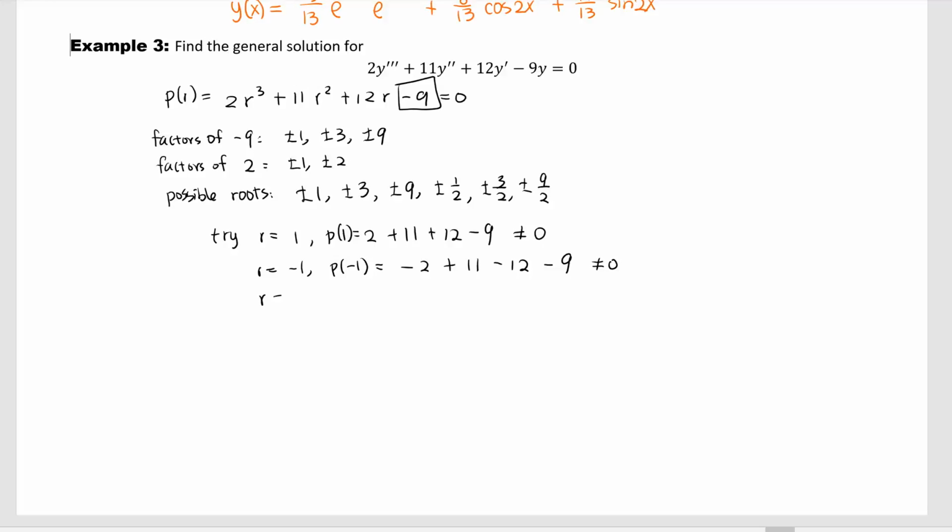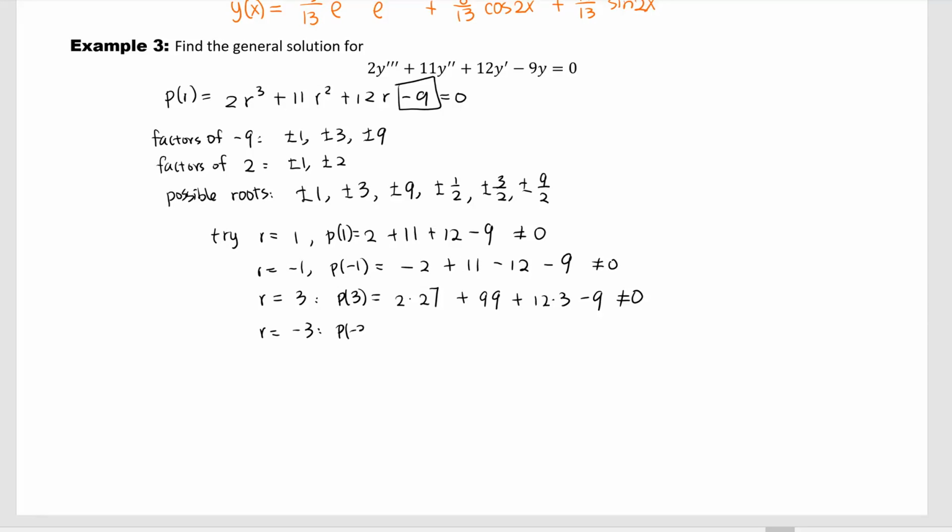Okay, who's next? 3. P of 3: 3 cubed is 27, 3 squared is 9, so 99, 3 times 12 is 36. The answer is positive, so it can't be this one. So far so good, everybody. Let's do negative 3.